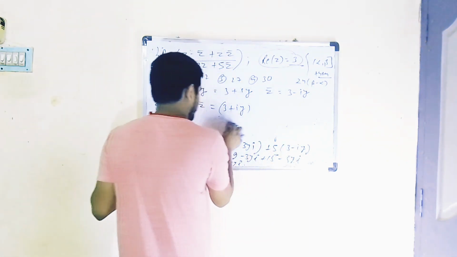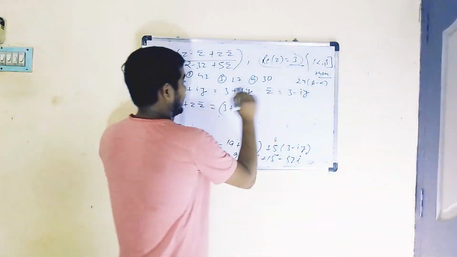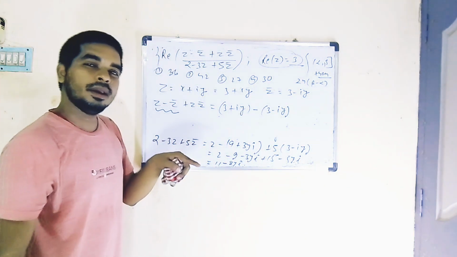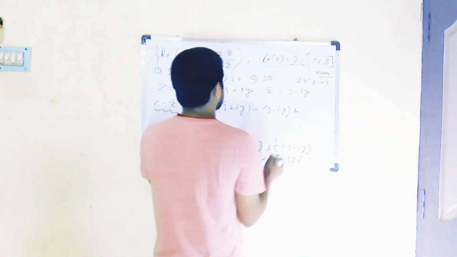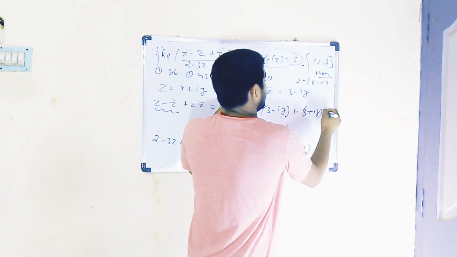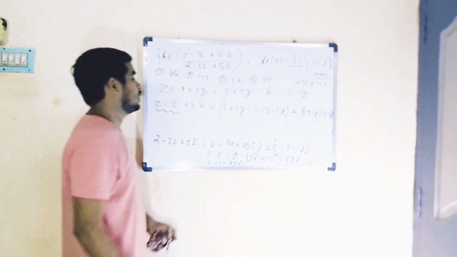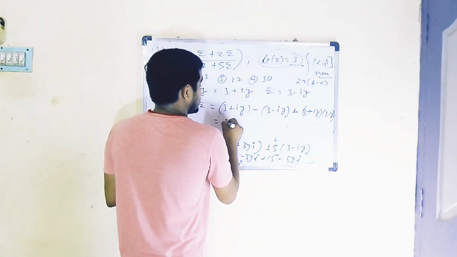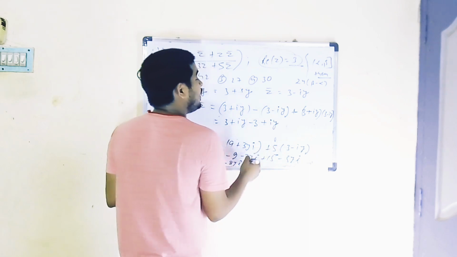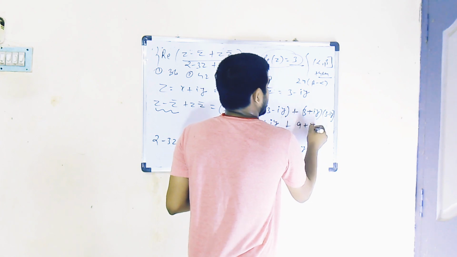So z is 3 plus iy, minus z complement, I am writing minus of 3 minus iy, plus z into z complement, so plus 3 plus iy into 3 minus iy. So this is 3 plus iy minus 3 plus iy, plus, as I told you already, 9 plus y square.